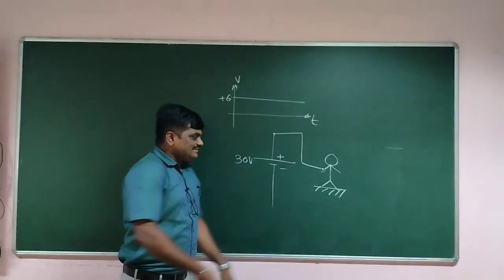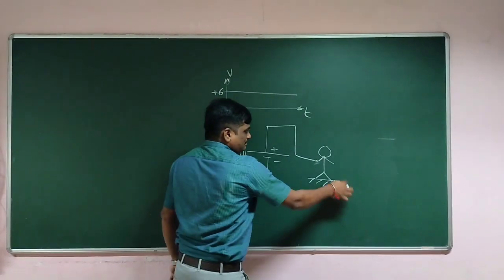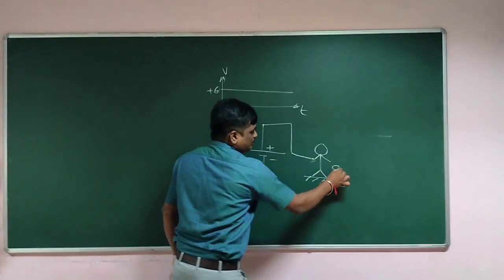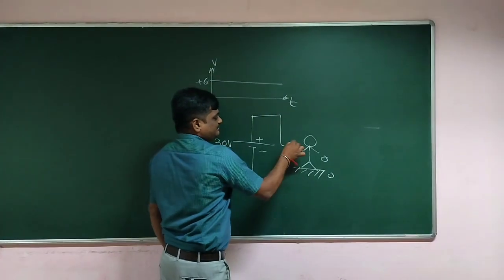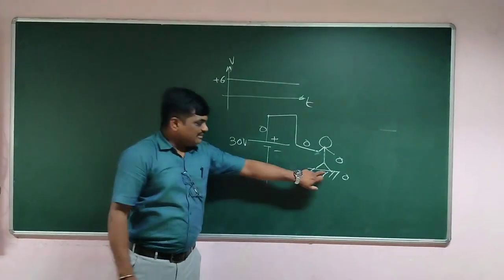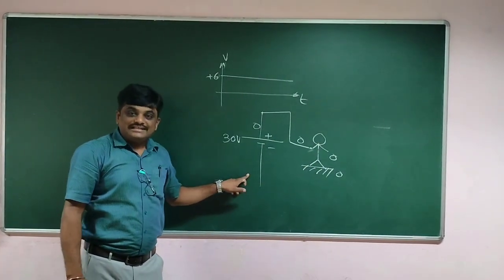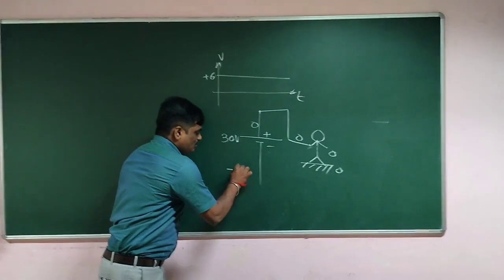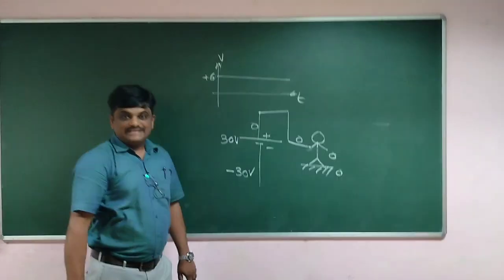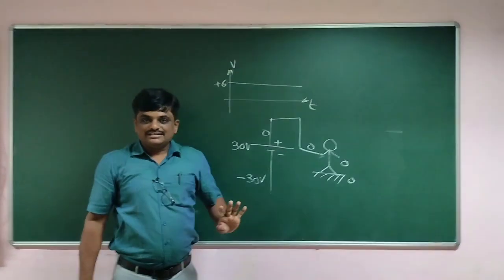In this case, the ground is at 0 potential, so my body is near about 0 potential, and so this positive terminal is near about 0 potential. With respect to my body, if I measure the potential at the negative terminal, it will show minus 30 volt, because the negative terminal is not connected to ground.